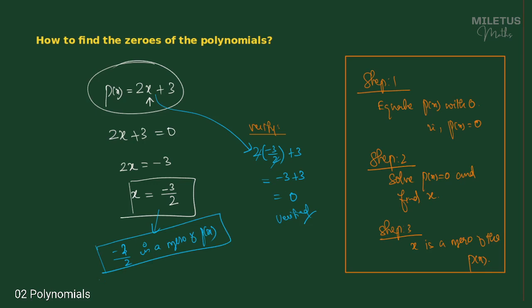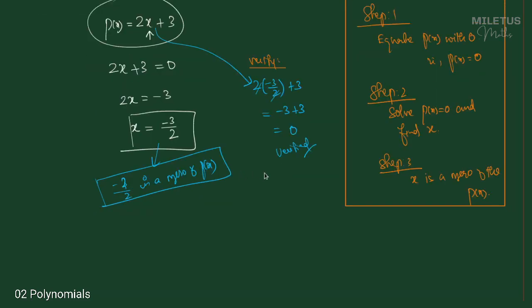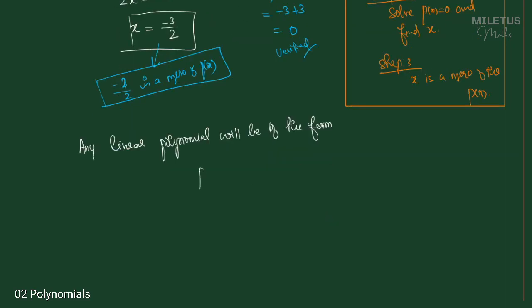Okay, fine. Now, not just that, you take any linear polynomial, I can find the zero this way. Any linear polynomial will be of the form p of x equal to ax plus b.